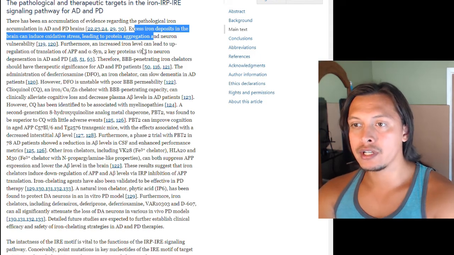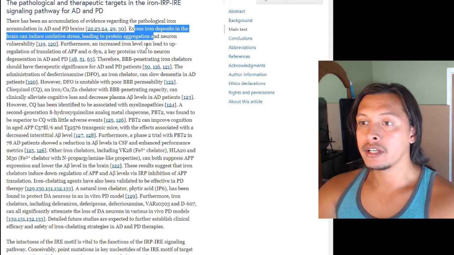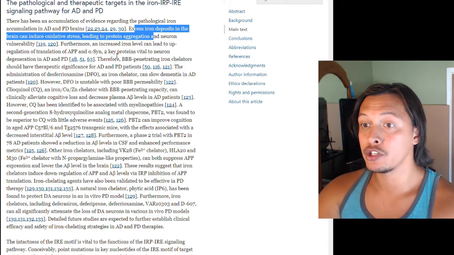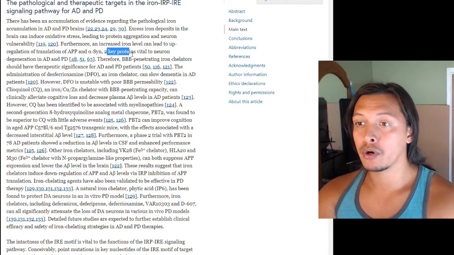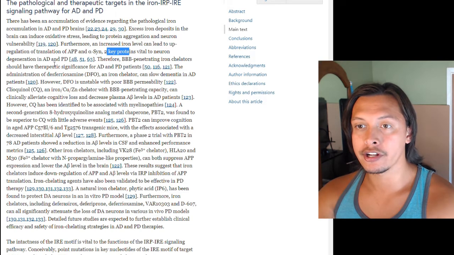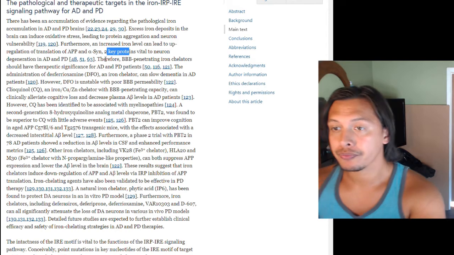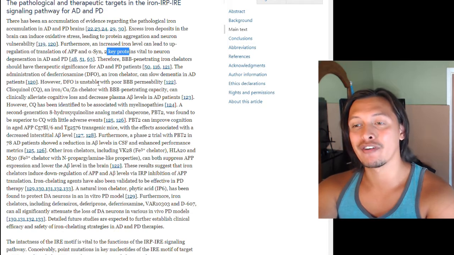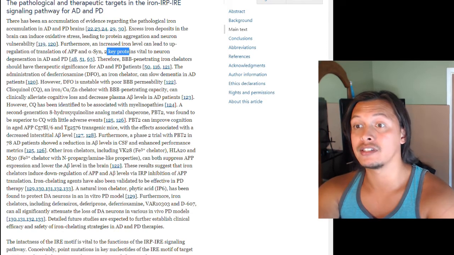Furthermore, increased iron levels can lead to upregulation of translation of APP and alpha-synuclein, which are two key proteins vital to neuron degeneration in Alzheimer's disease and Parkinson's disease. Therefore, blood-brain barrier penetrating iron chelators should have therapeutic significance for Alzheimer's disease and Parkinson's disease patients.